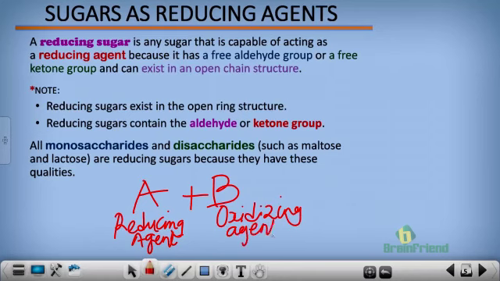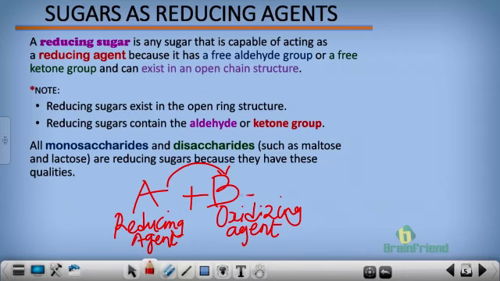Reducing agents are agents of reduction, right? So what they do is that they cause a reduction of whichever substance they are in combination with. Okay? So that is why they are called reducing agents. They reduce the substance that they are reacting with.